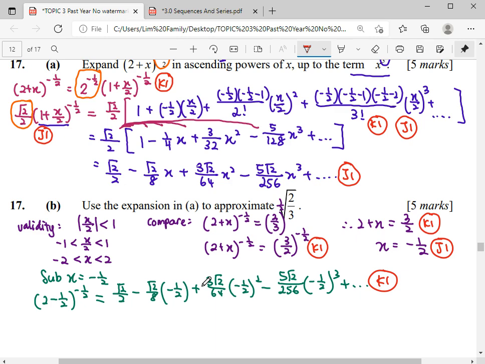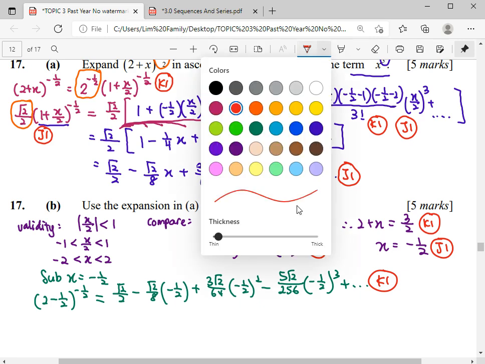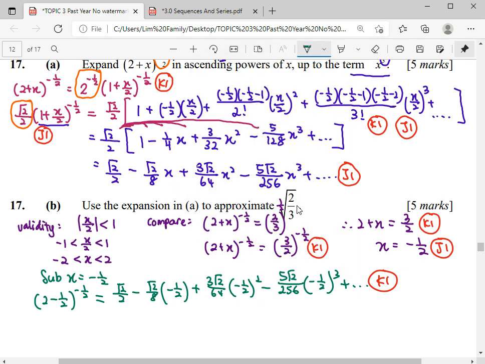So after we substitute, for the right hand side, we will directly press the calculator to get a decimal. And for the left hand side, we go step by step to show how we reach the number 2 over 3. In the bracket here, 2 minus 1 over 2 is supposed to get 3 over 2.